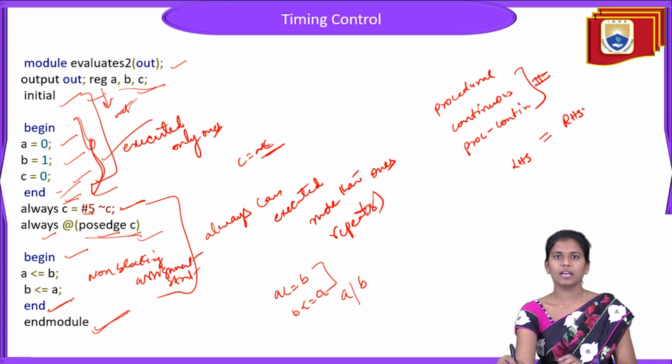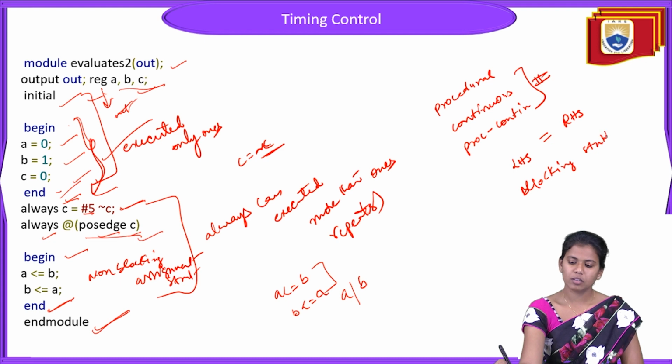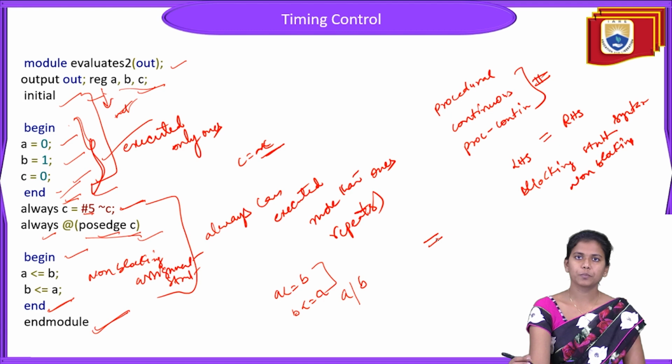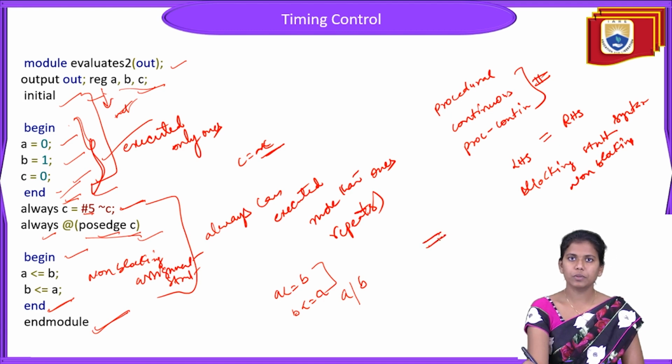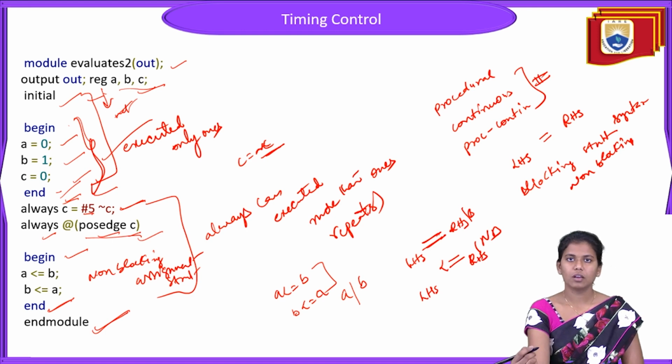Today we have discussed the timing controls based on the blocking statement and non-blocking statement, with respect to the concerned syntaxes and also the operators. The blocking operator is simply plain equals to between the LHS and the RHS, whereas the non-blocking operator is less than or equals to.